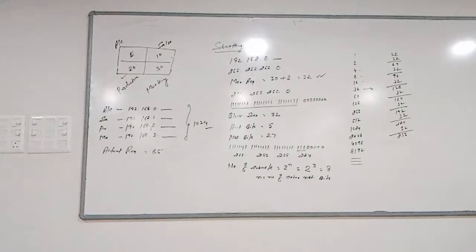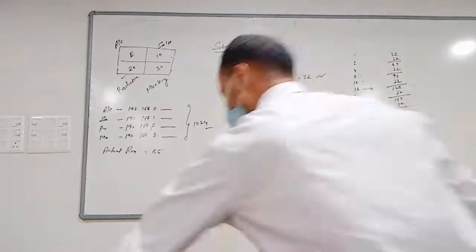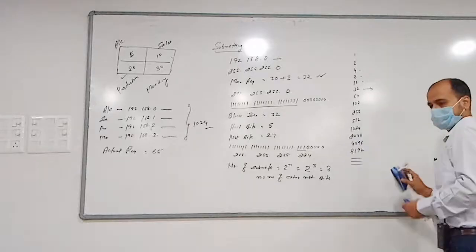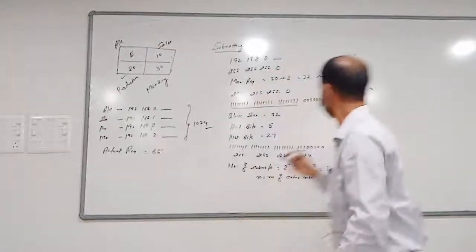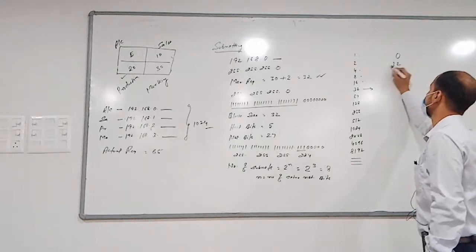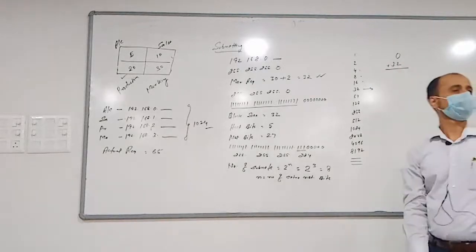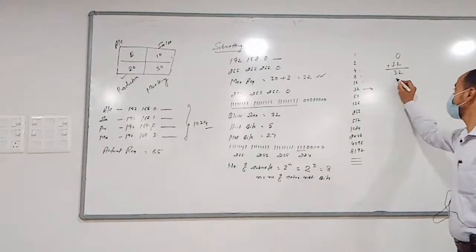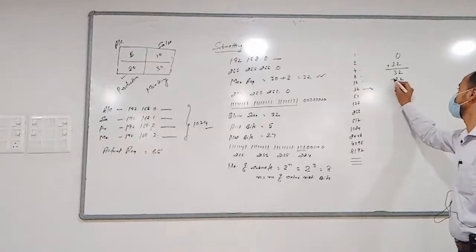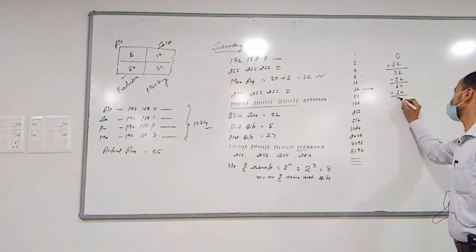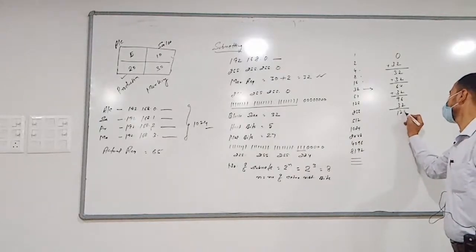To calculate, just use this concept: 0 plus 32, 32 plus 32, 64 plus 32, 96 plus 32, 128.